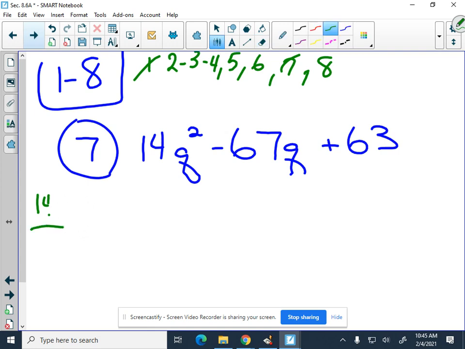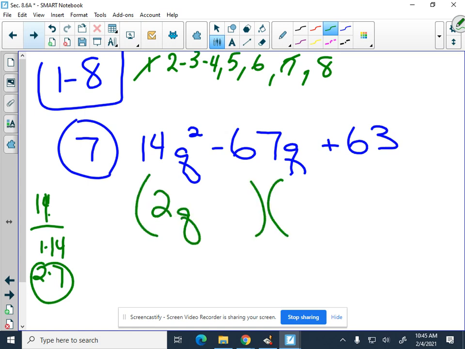That's our first number. 14 can be 1 and 14, 2 and 7. I'm going to start, and I'm going to guess that it's 2q times 7q, but it could be the 14q. We haven't run into that. We'll probably run into that tomorrow where it's one of the bigger ones. A lot of times it ends up being the smaller ones first, and then we go from there.